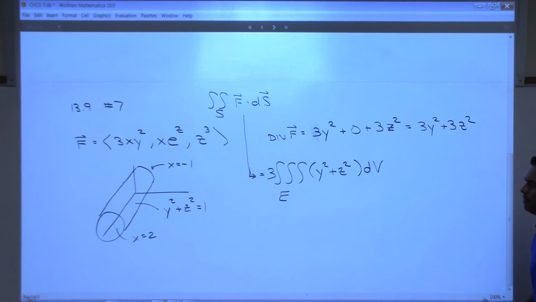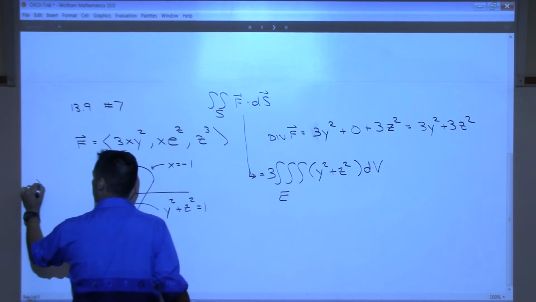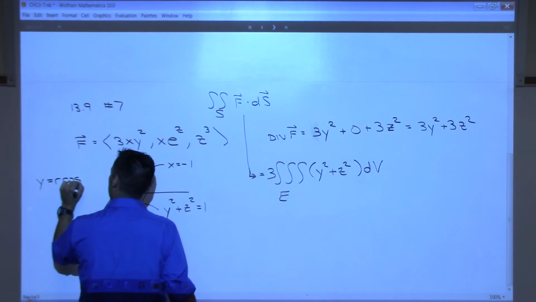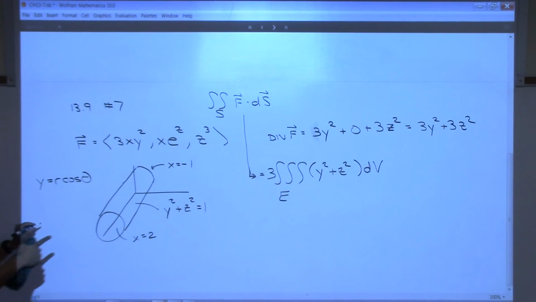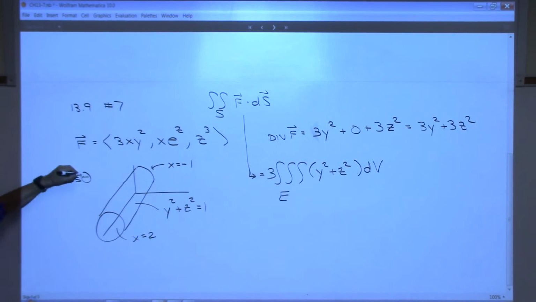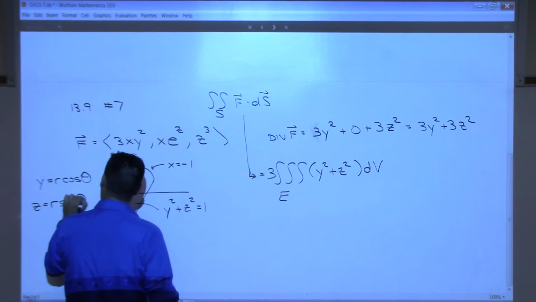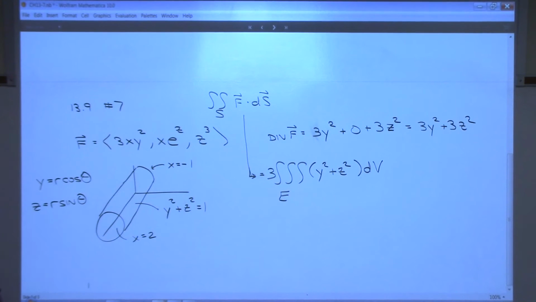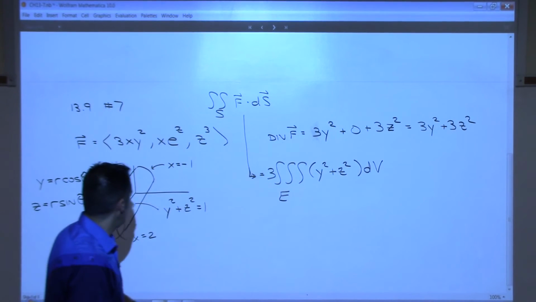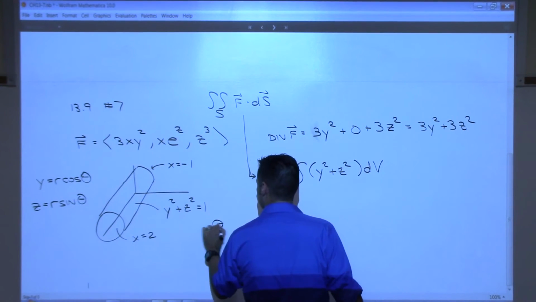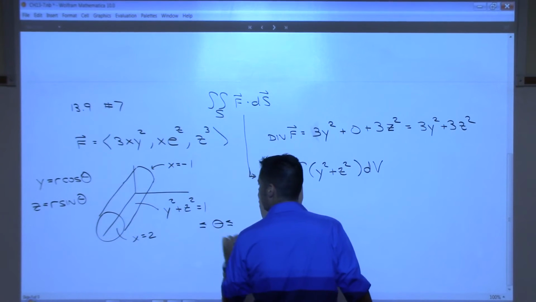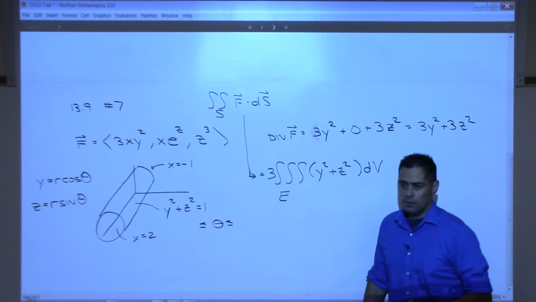All right, tell me what my conversions are. What are my conversions here? Okay, y equals r cosine theta. z is r sine theta. And then everything that follows from that, right? The restrictions I will place on theta are what? 0 to 2 pi.